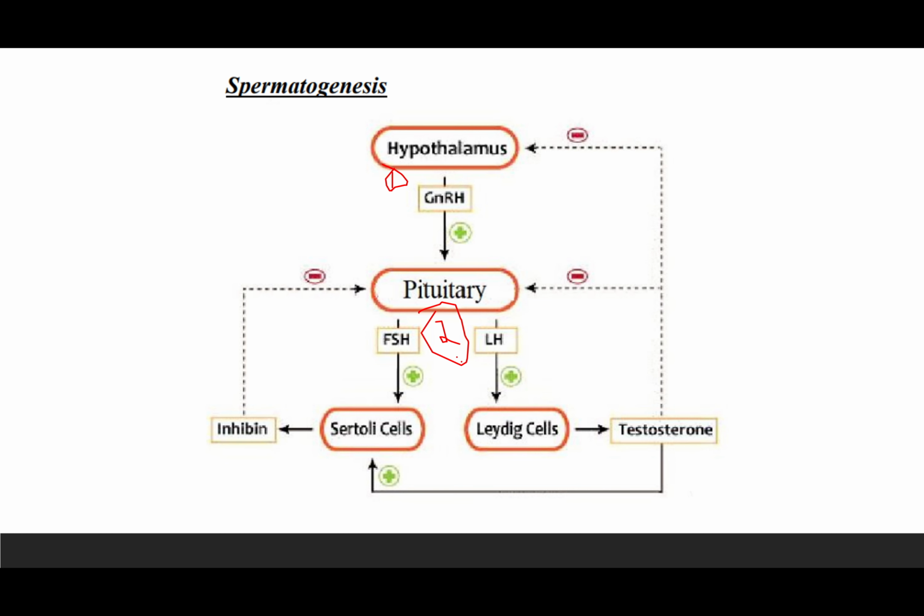So once we have a lot of gonadotrophin, we're going to have a production of a lot of testosterone, and then as we increase our levels of testosterone, the Sertoli cells will start to produce inhibin, which turns off our pituitary gland. It tells our pituitary gland to stop producing FSH and LH.